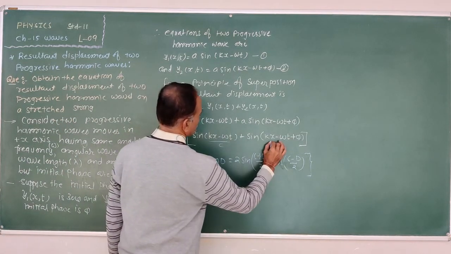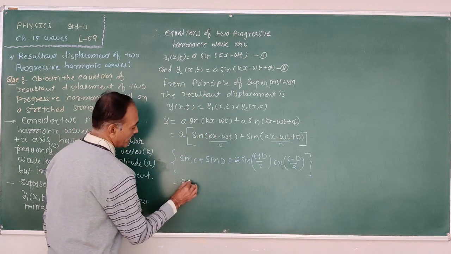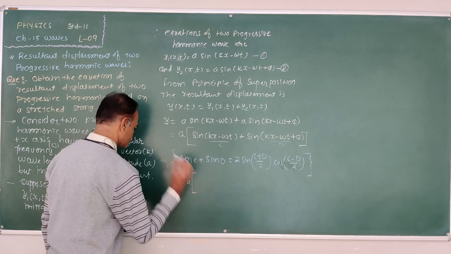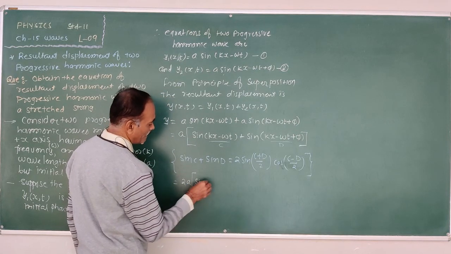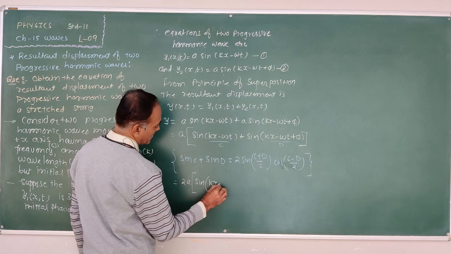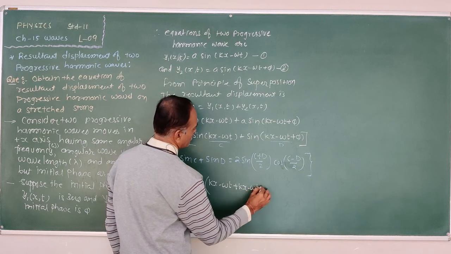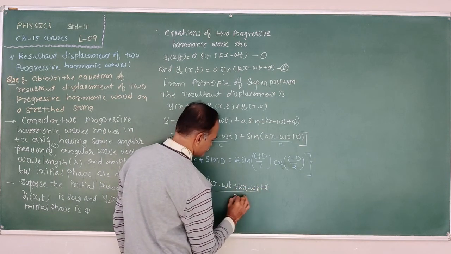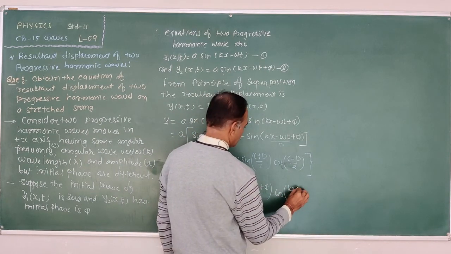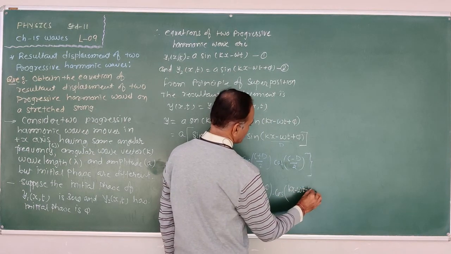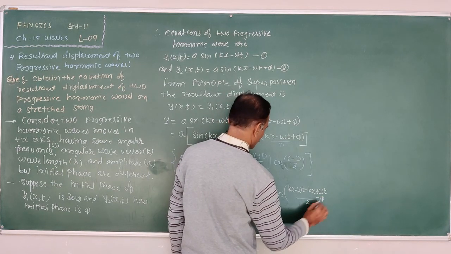We consider one term as C and the other as D. Therefore, we obtain 2a sin(((kx - omega t) + (kx - omega t + phi))/2) into cos(((kx - omega t) - (kx - omega t + phi))/2).